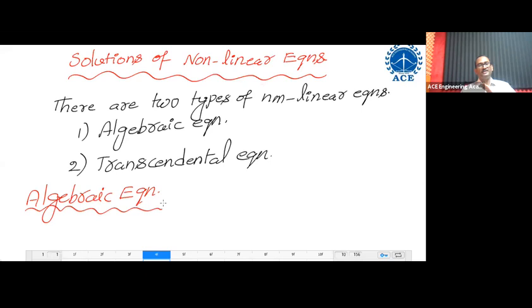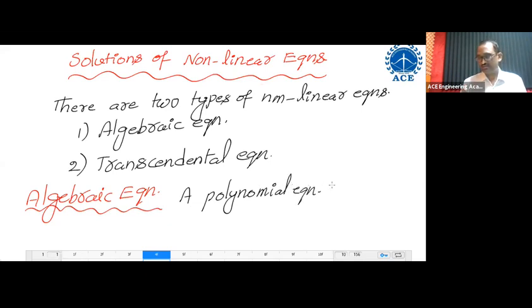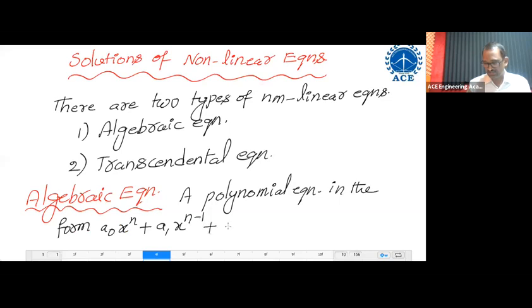Remember, x to the power of any real number is called an algebraic equation. Write down: a polynomial equation in the form a0 x power n plus a1 x power n minus 1 plus a2 x power n minus 2 plus an is equal to 0.